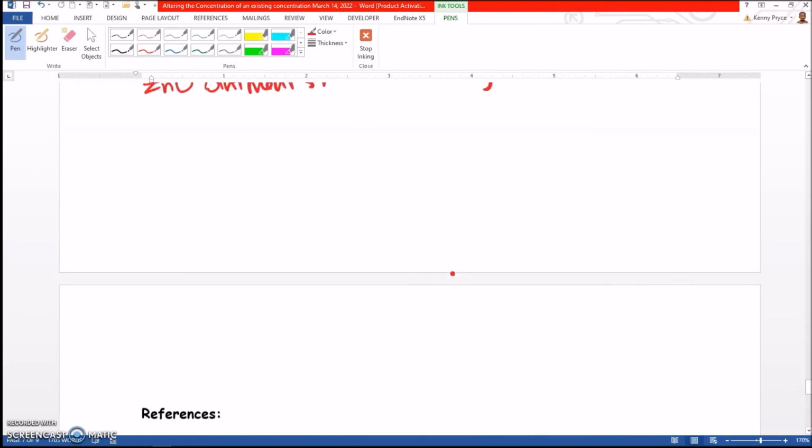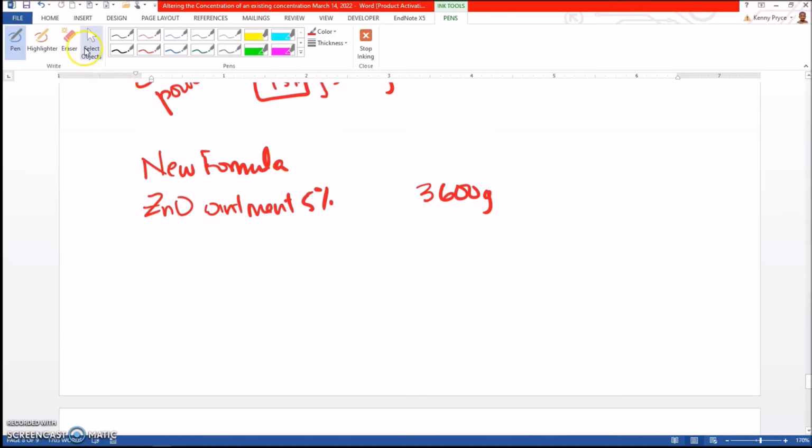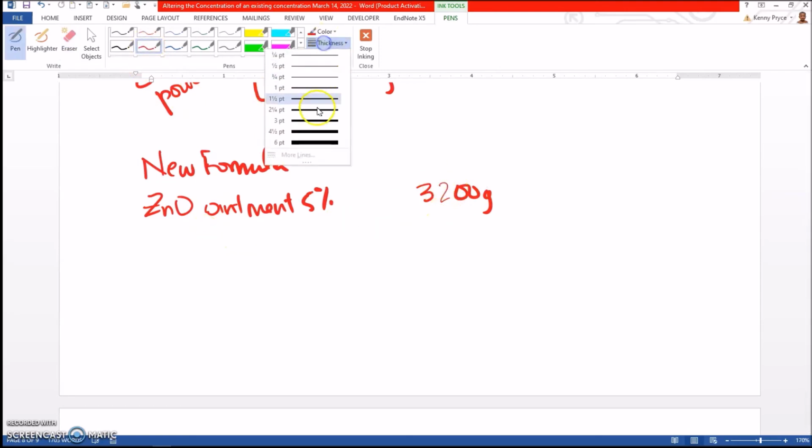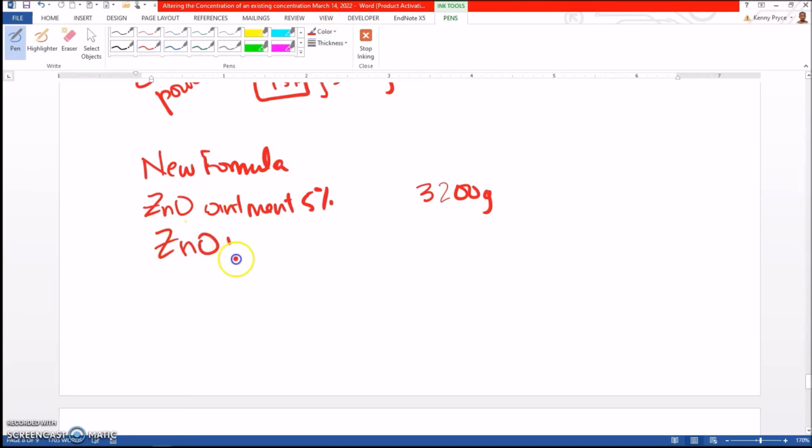So it's 3,200, and zinc oxide powder is going to be 600 grams.